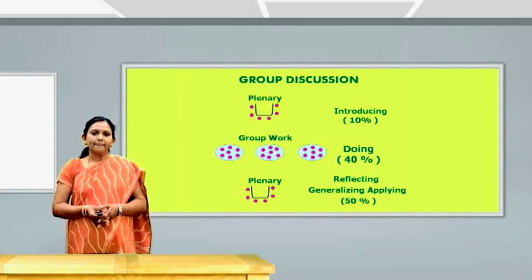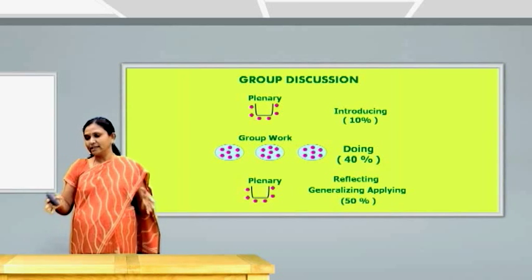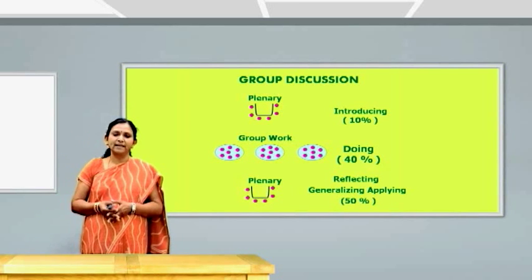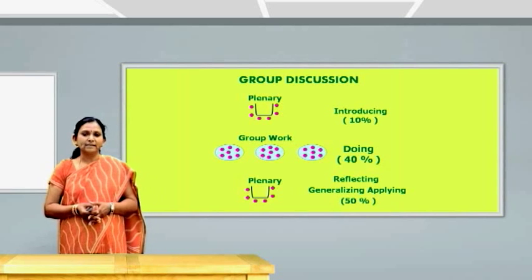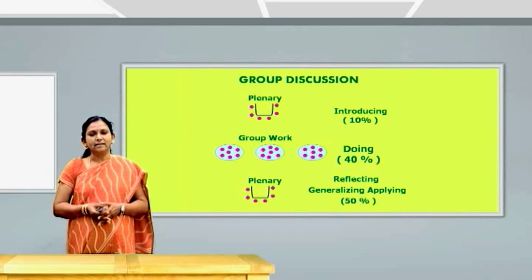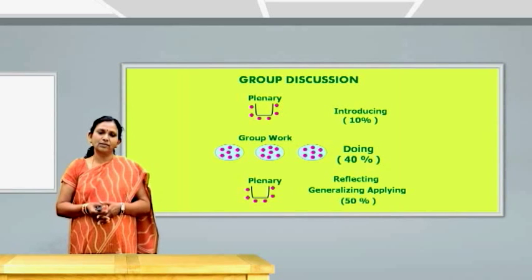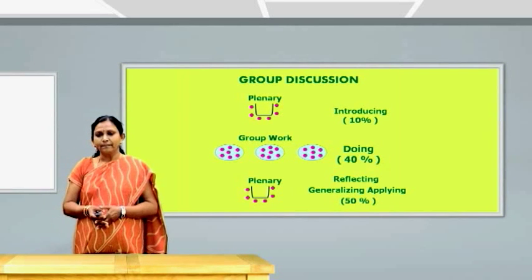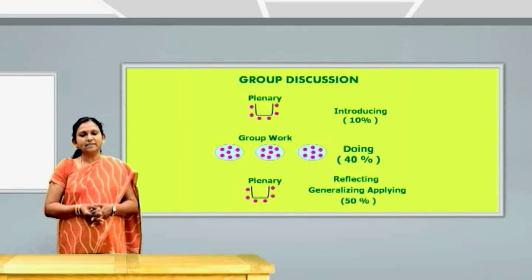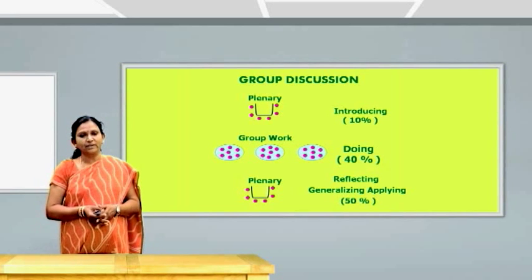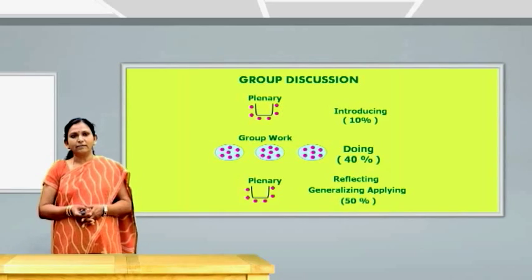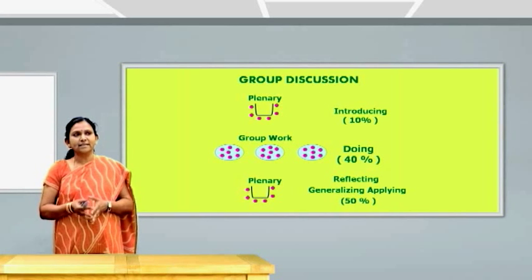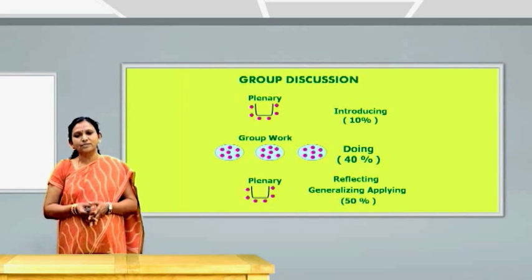After the groups work independently, they come back into the plenary, present their reports, and then the trainer adds his or her own inputs and summarizes the presentations. This group discussion method is very useful for generating different ideas among the groups and adding the trainer's own input.